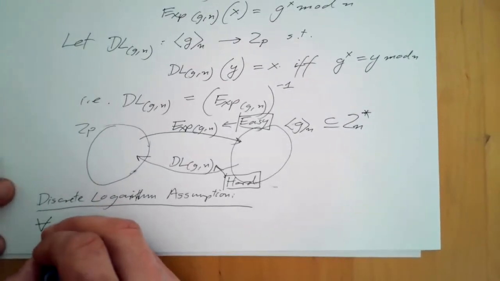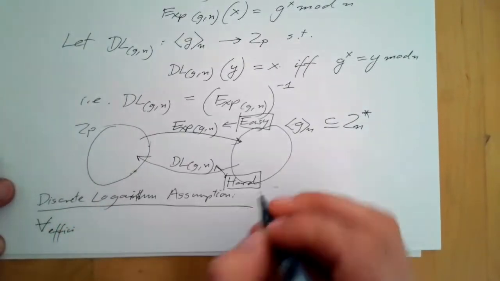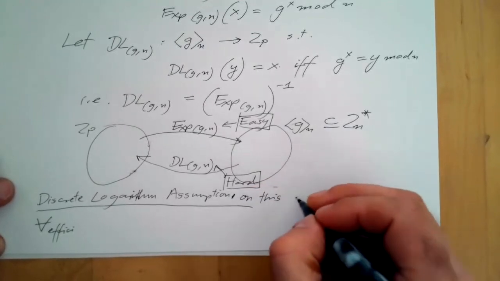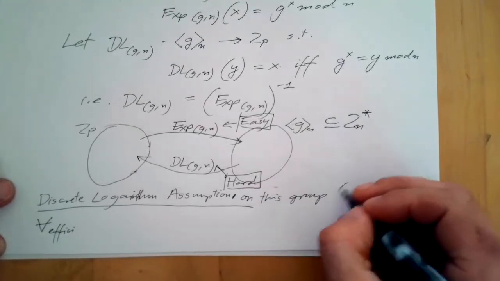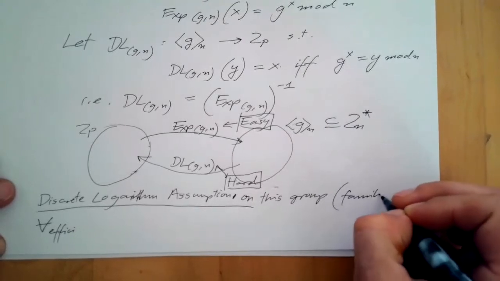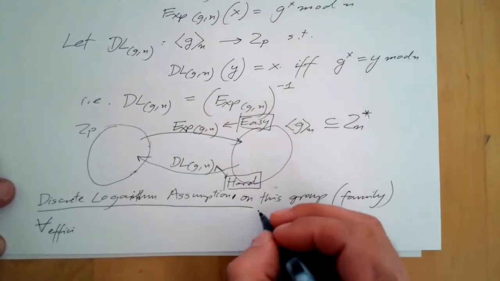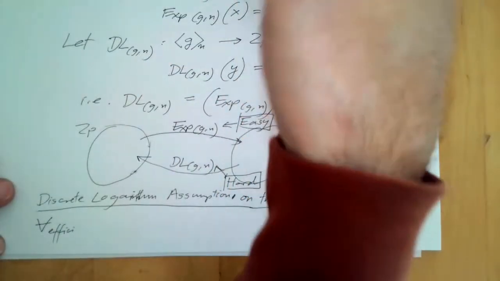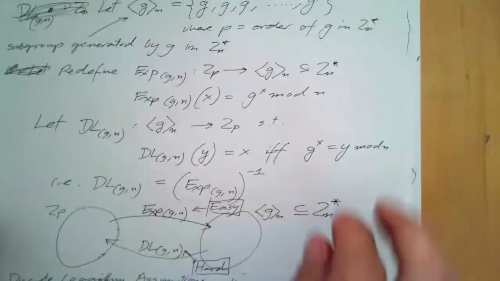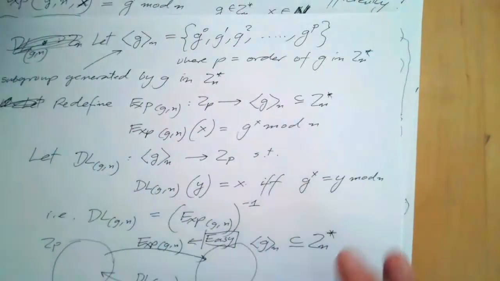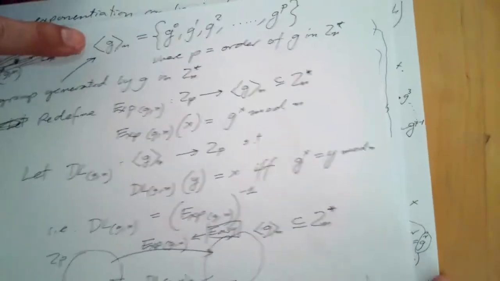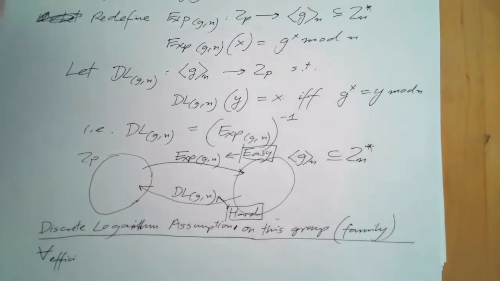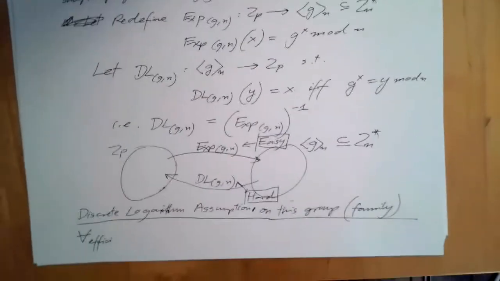This assumption is on this group, or really a family, because it's asymptotic, so you have to define a certain class of integers on which this would work, and this class has to be defined for every security parameter, or otherwise you have no asymptotics. But that's kind of technicalities.